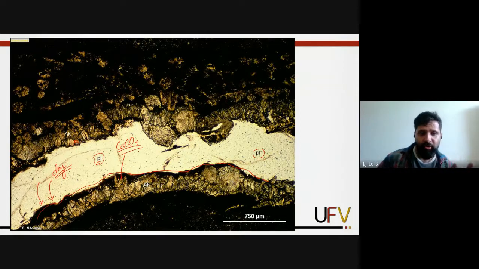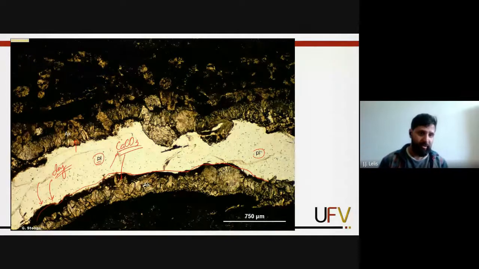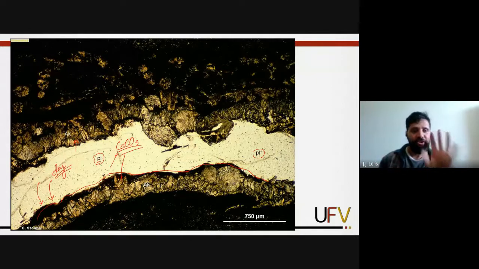So we have two eluviation processes. One first of calcium carbonate, probably in dry conditions, and a second one of clay, probably in wet conditions. So the same soil profile has two eluviation processes that occurred in different climate conditions. So I can understand how soil was formed very easily just using this picture. It is very useful to understand that.